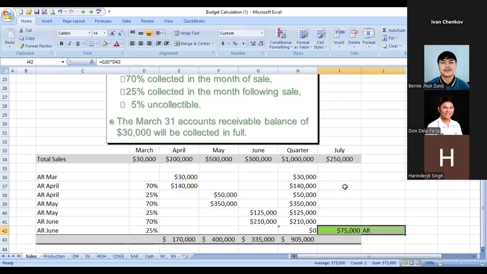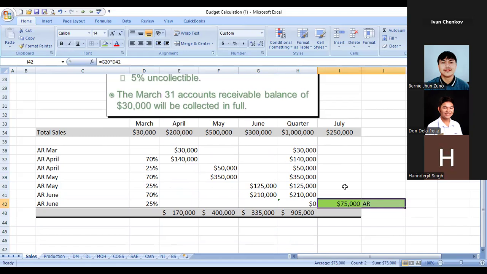So I'm going to mark it like this, and then we're going to use this information somewhere else at the end of the process. So for that reason, it's good for you to know how much the accounts receivables will be at the end of the period. So again, at the end of June, we know that in July we have to collect the 25% of those June sales, or we have to collect $75,000.